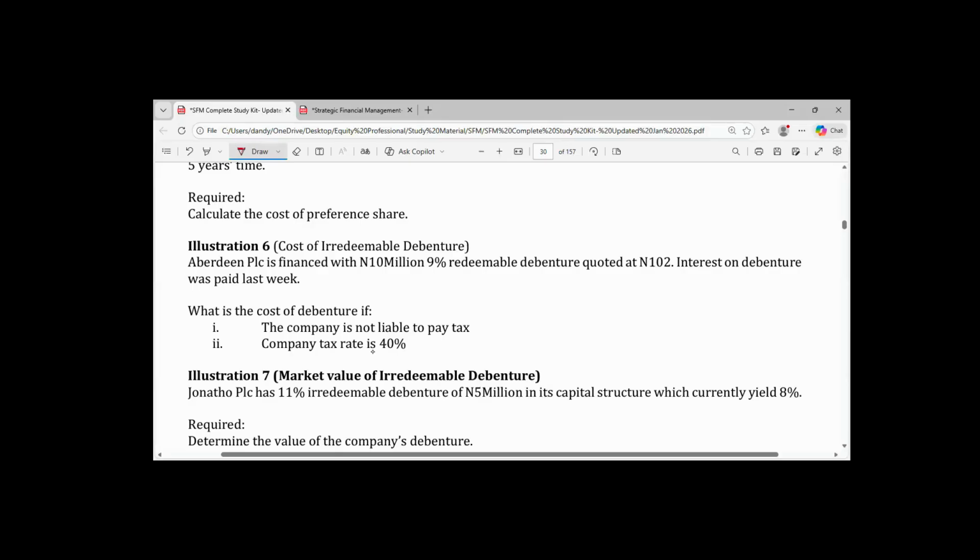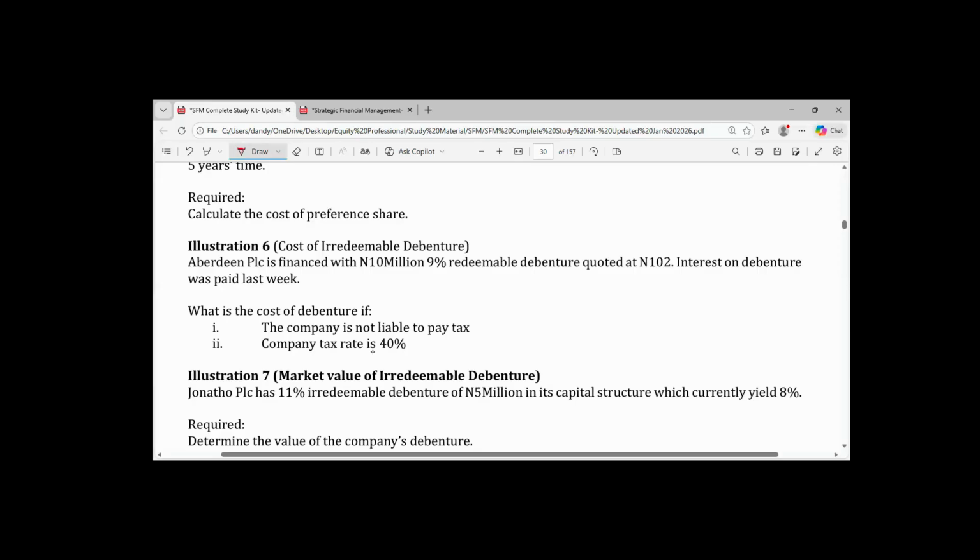Okay. Then lastly, where we stopped is cost of redeemable debt. We said redeemable debt is the one whereby the company is expected to pay annual fixed interest and the principal at the maturity date, just like you have under the redeemable preference share.